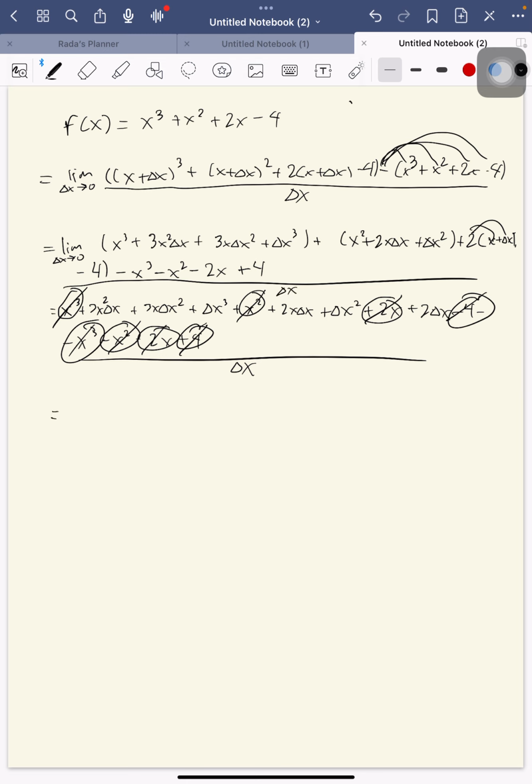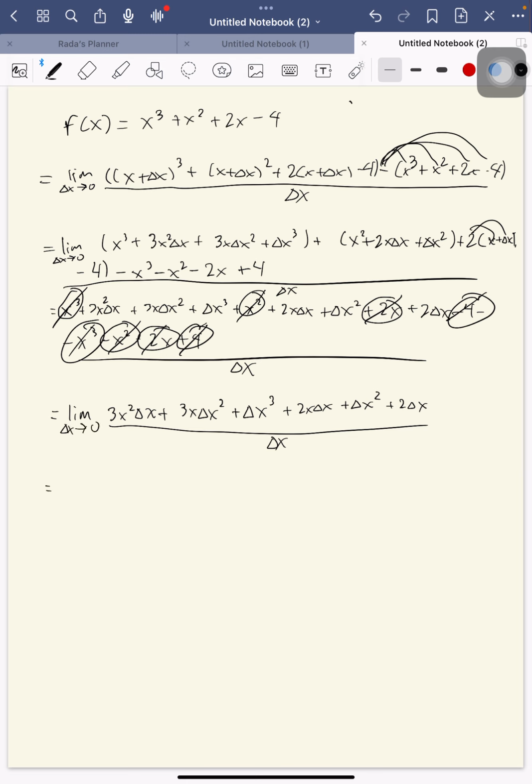So, put the remaining: limit of 3x squared delta x plus 3x delta x squared plus delta x cubed plus 2x delta x plus delta x squared plus 2 delta x, over delta x as delta x approaches 0.